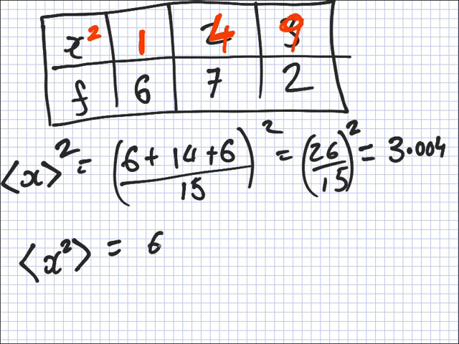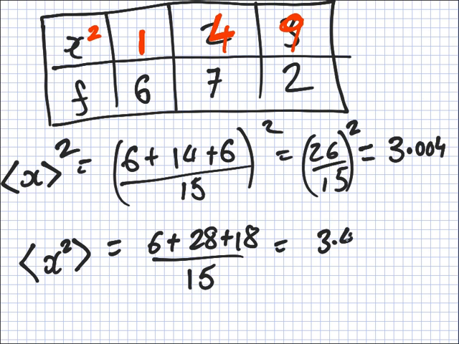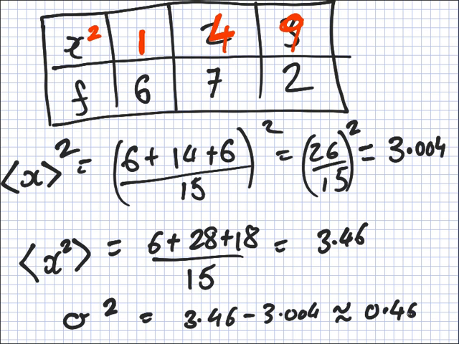So this is 6 plus 28 plus 18 over 15. So what's that, please? 3.46 in total. So standard deviation squared is 3.46 minus 3.004, which is roughly 0.46 if you round it off.